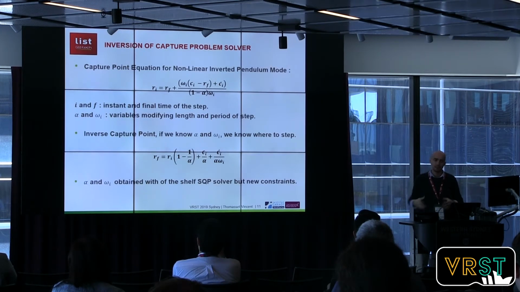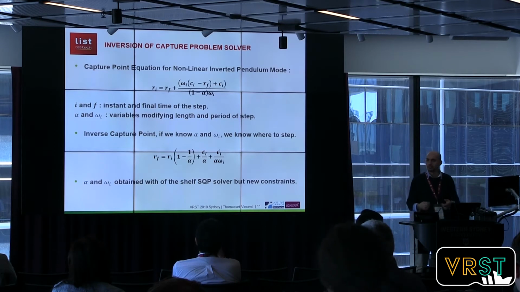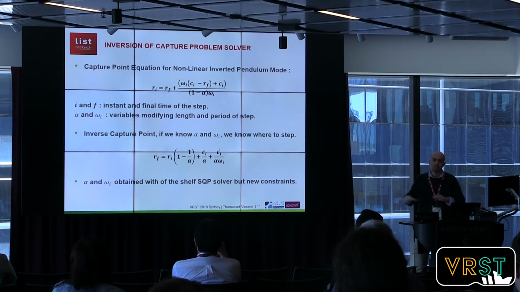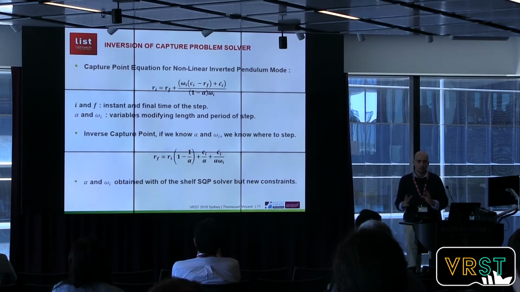Alpha and omega are still the variables I'm going to optimize to reach that solution. Doing so, I maintain the same dynamics and the same problem as in the robotic field, so I can use the same solver, and the difference is how I'm going to constrain and tune my physical problem.